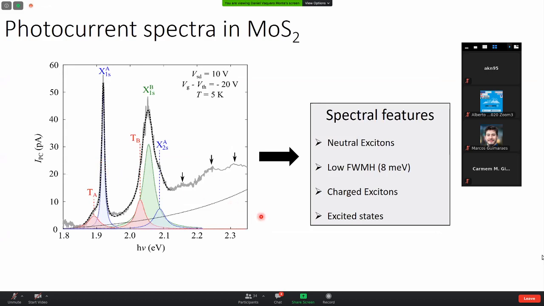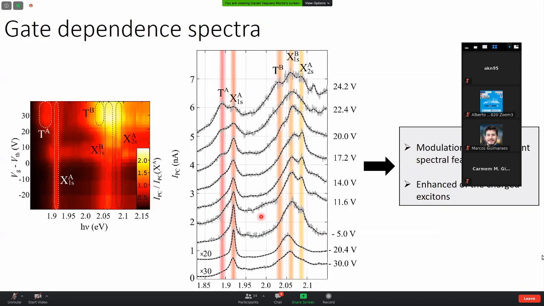These spectra can be modulated by the gate, and this occurs because by modulating the gate, we can change the carrier density in the conduction band, and this excess of carriers in the conduction band can produce efficient formation of charged excitons because we have a lot of electrons.